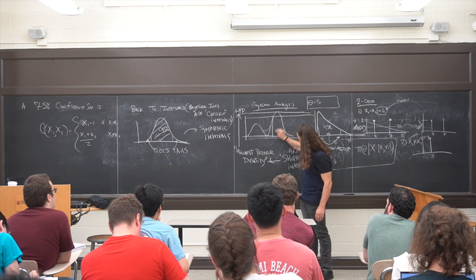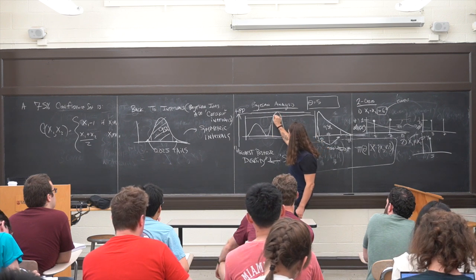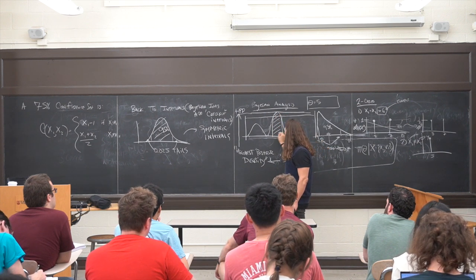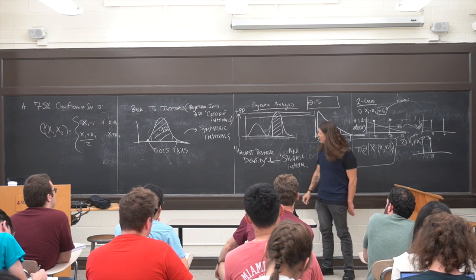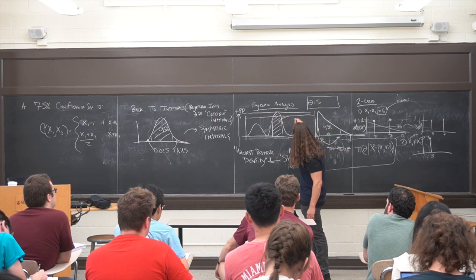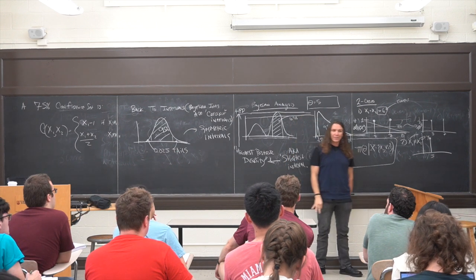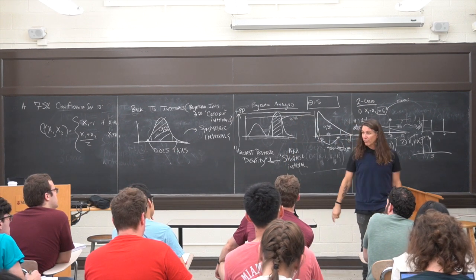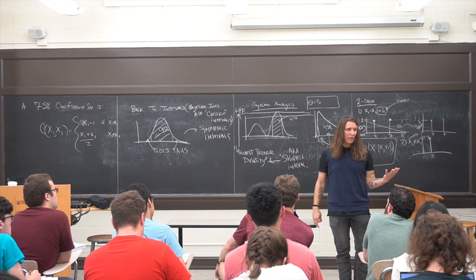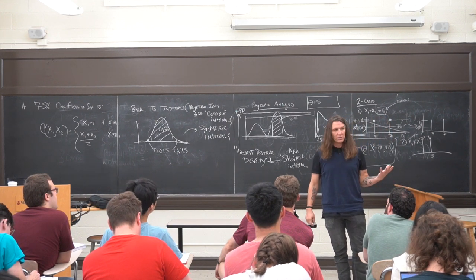Right here, I have all of this mass in here, and I can add that up to some number. Let's say that that's like 62% of the mass, and I want a 95% interval. Why would I want a 95% over a 62%?